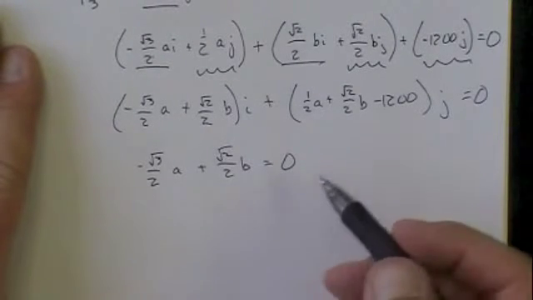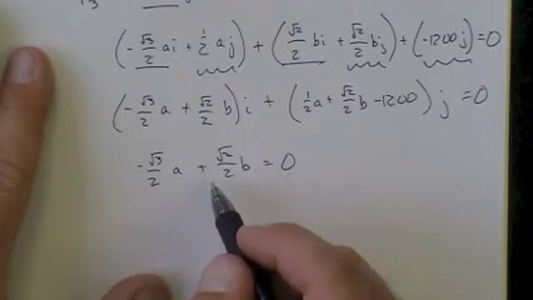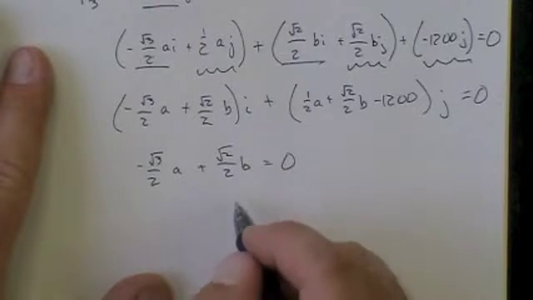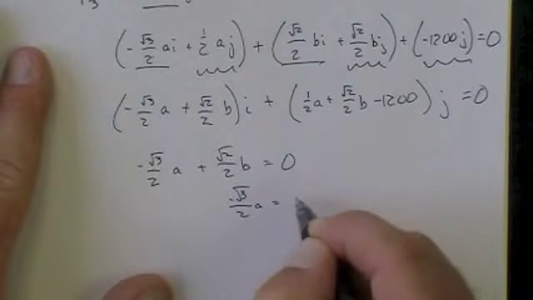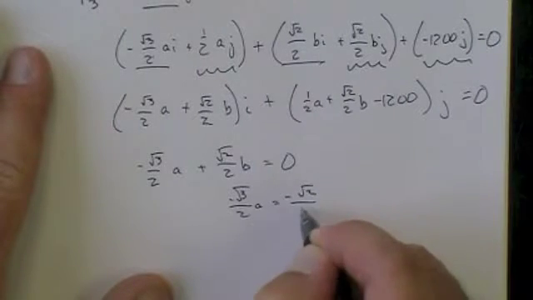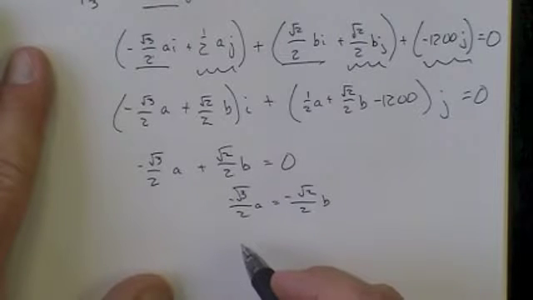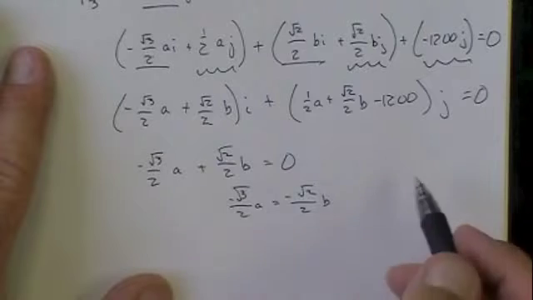And now let's solve for one or the other, and it doesn't make a difference which. So for this example, let's subtract the square root of 2 over 2 b over to the other side. And then we'll multiply by the reciprocal on both sides here.